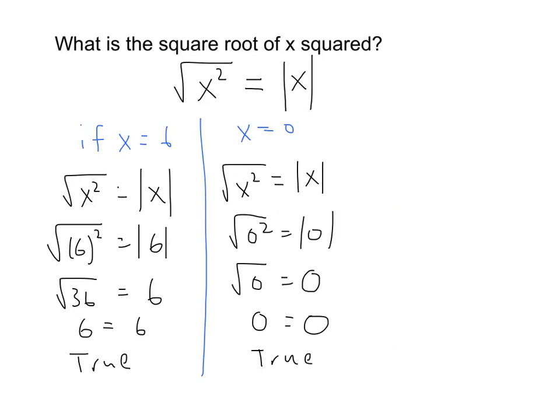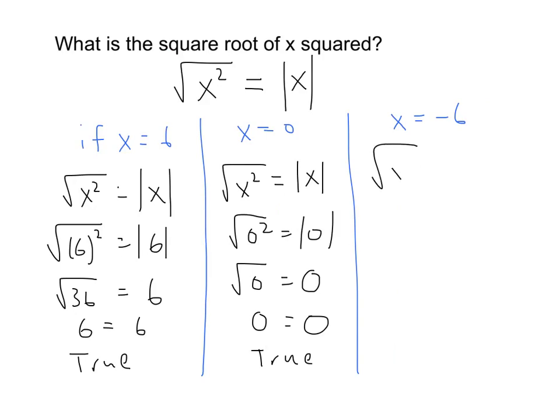So this works when x is a positive number, and it works if x is equal to 0. Let's test if it works when x is negative. How about x equals negative 6?